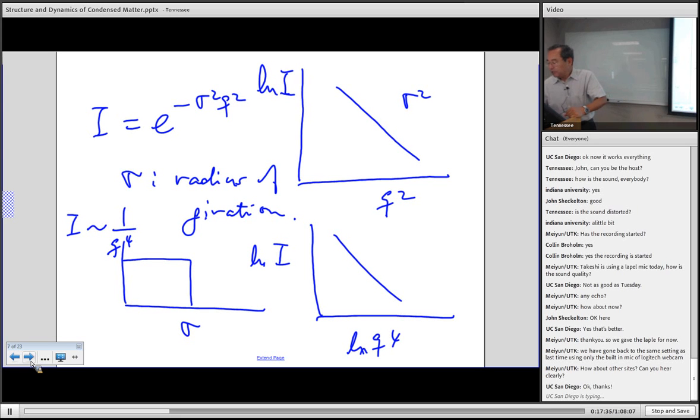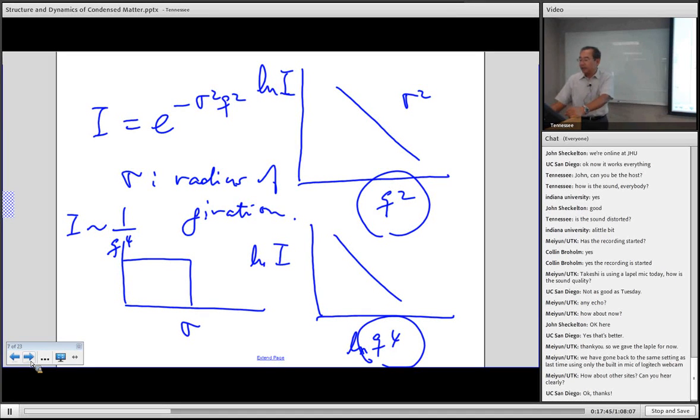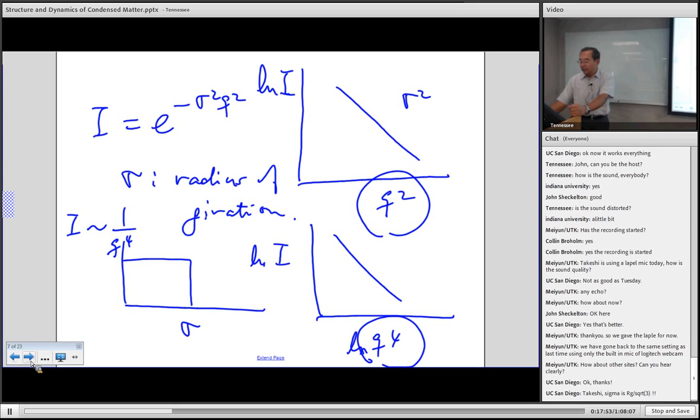So usually you get this Q² law or Q⁴ law. That's the easy case to understand. Again, if I goes like Q², then it's the Gaussian case, and this case is called Guinier.